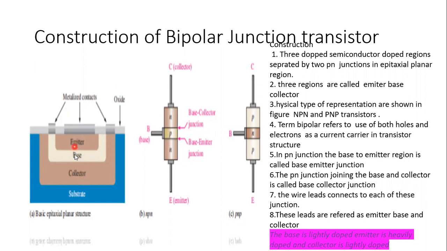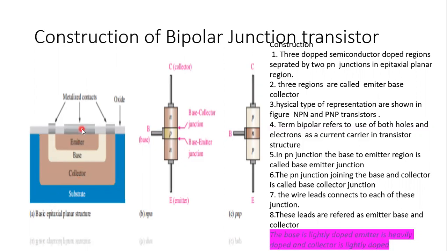So all these three layers are formed on the substrate, and they are integrated by using integration technology or the development technology for developing this device, which is called as a bipolar junction transistor.